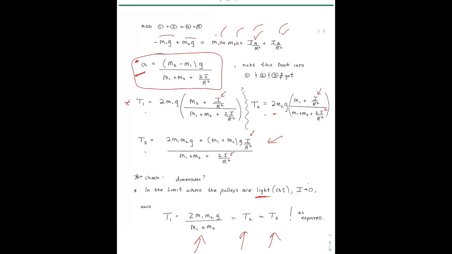So in the limit where these metal pulleys become the earlier chapter 5 pulleys, just there to redirect the string, I get the same result I would have gotten in that earlier chapter: the tensions are equal. So that's one way to check your answer. Look at it in the limit where the pulleys become the old style pulleys that just rotate without any resistance, and this shows the tensions are all the same.